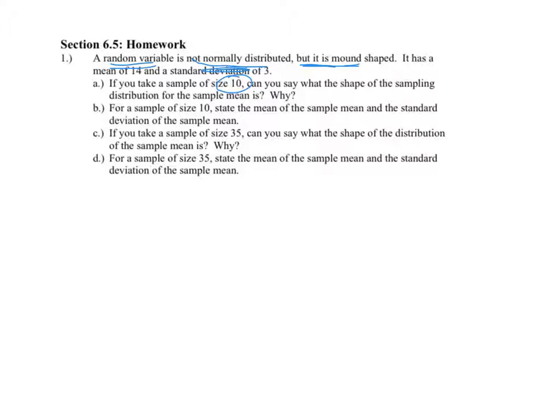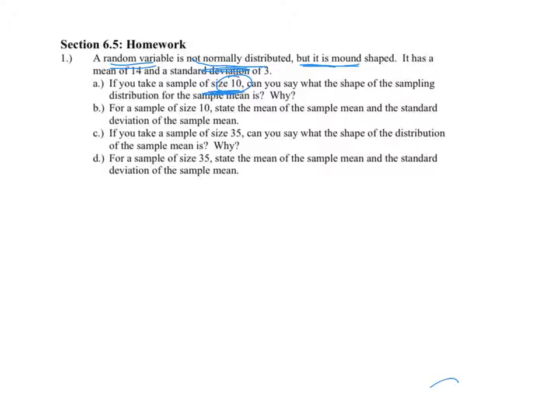And if you think about that applet that I showed you, what happens as it's drawn samples? The shape of the sampling distribution could be somewhat normal. It won't necessarily be exactly normal. It's starting to approach it, but we can't say for sure what it's going to look like because that sample size is awful small. It's 10.